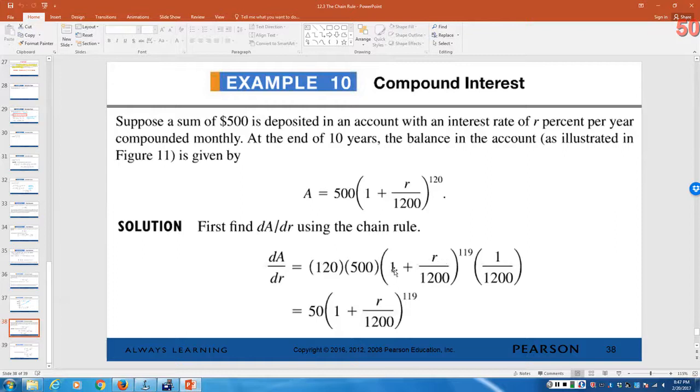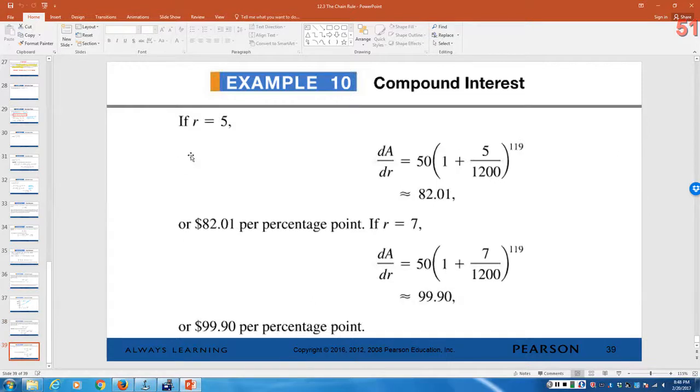The derivative of 1 is 0, and the derivative of R over 1200 is 1 over 1200. By the time you multiply 120 times 500 and divide by the 1200, that's where they came up with the 50. That I'll agree with as soon as I figure out where the 1200 came from.